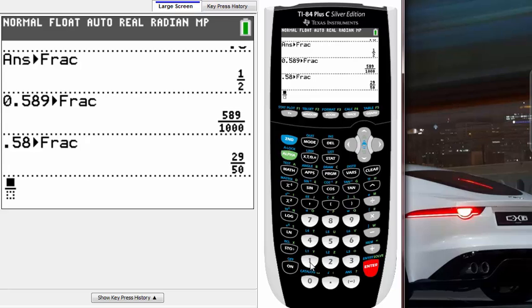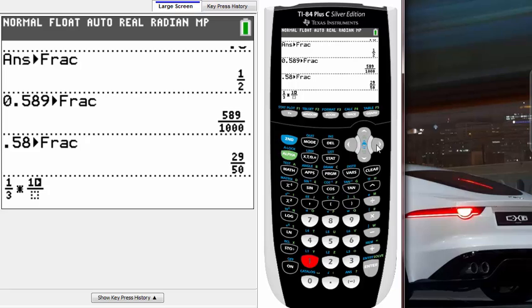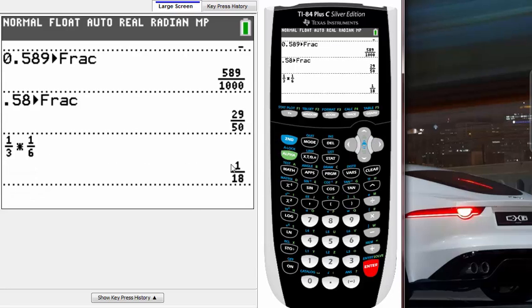Let's type in something like 1 divided by 3 times another fraction, 1 divided by 6. Move it to the right, and okay, what's the answer? We get 1 over 18 as my answer.